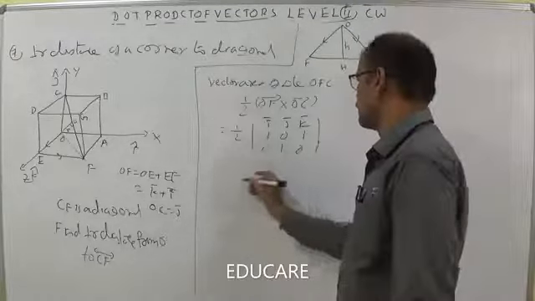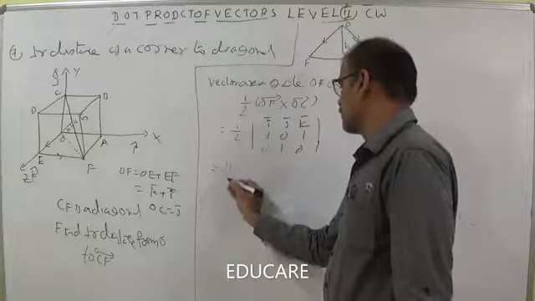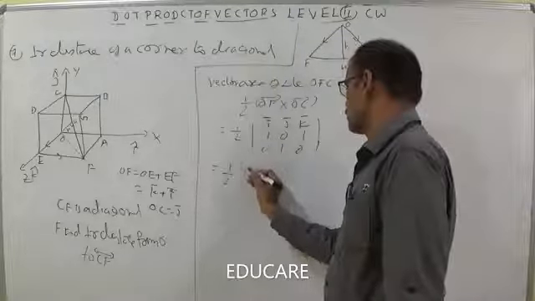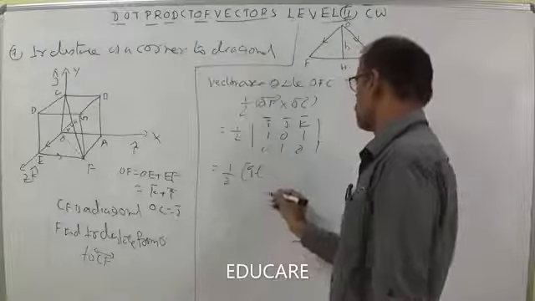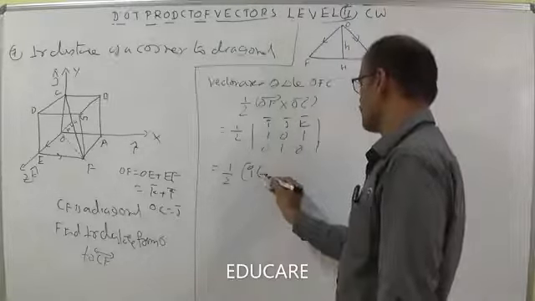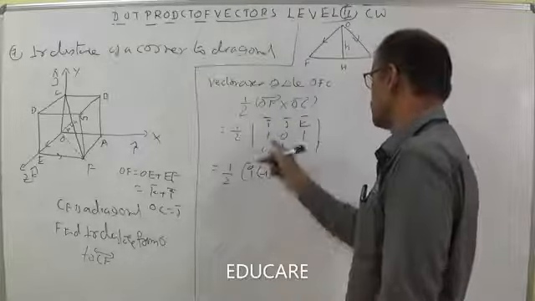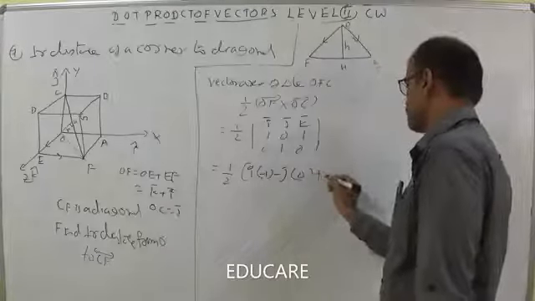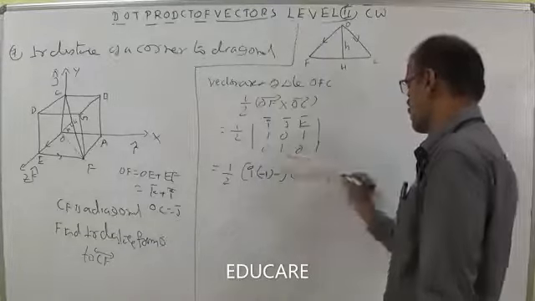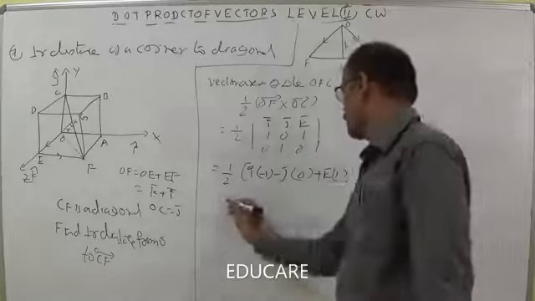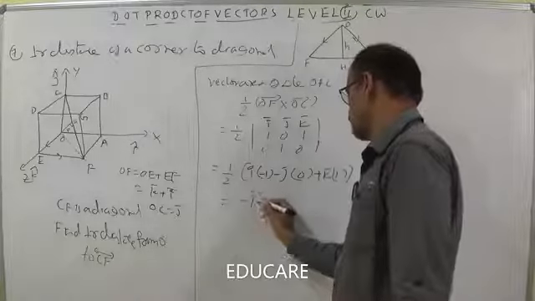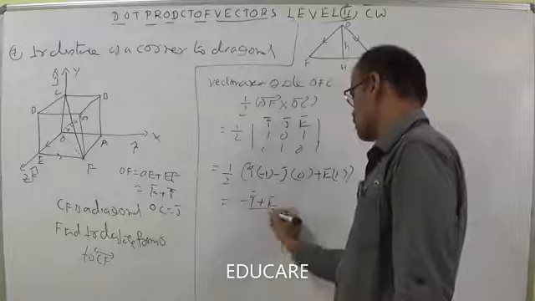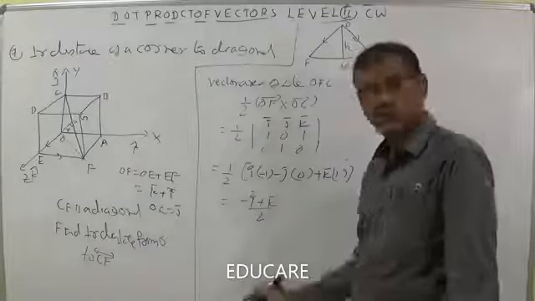You calculate the value. You will get half into I bar into 0 minus 1, that is minus 1, minus J into 0 minus 0, no need to write, plus K bar into 1. So you got the value as minus I plus K, whole by 2.